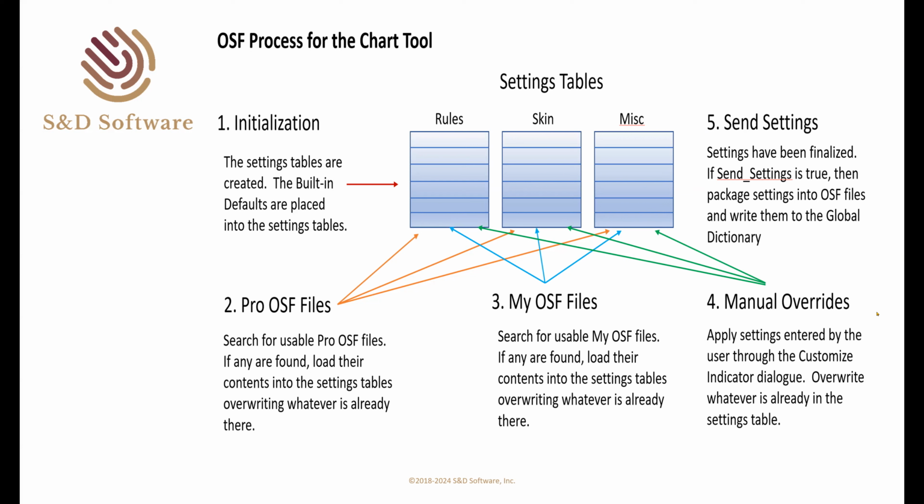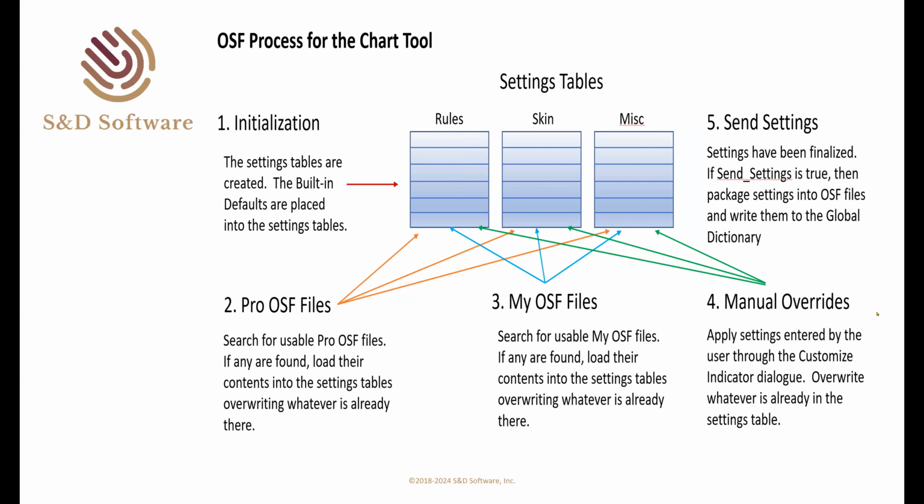Now, item number 5 here, we'll get to this a little later also. Item number 5 comes into play when you want to share settings between multiple instances of the chart tool. So if you have a chart tool running in one window and you have other windows you want to use the same settings as that first chart tool, you can have that first chart tool send his settings to the others.